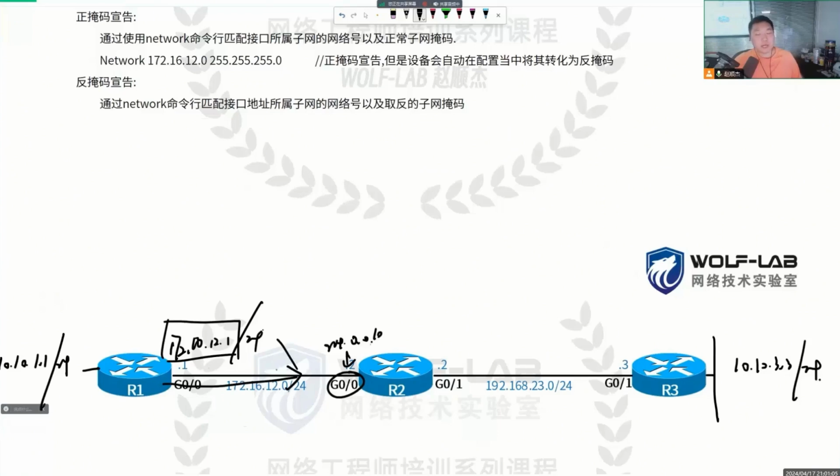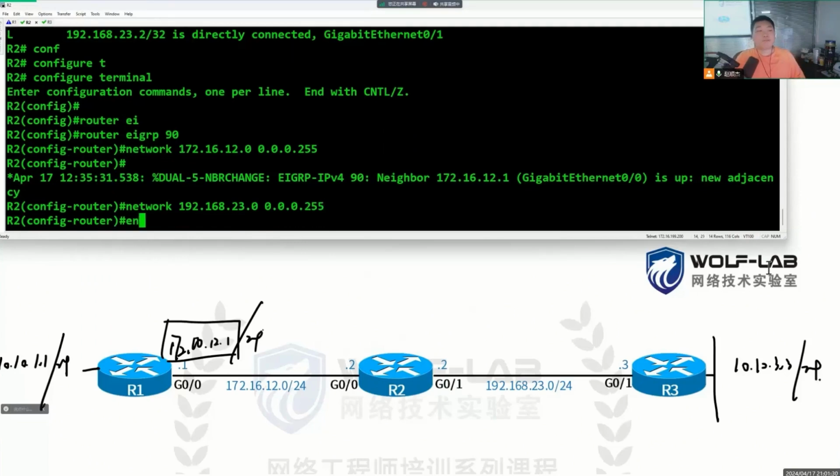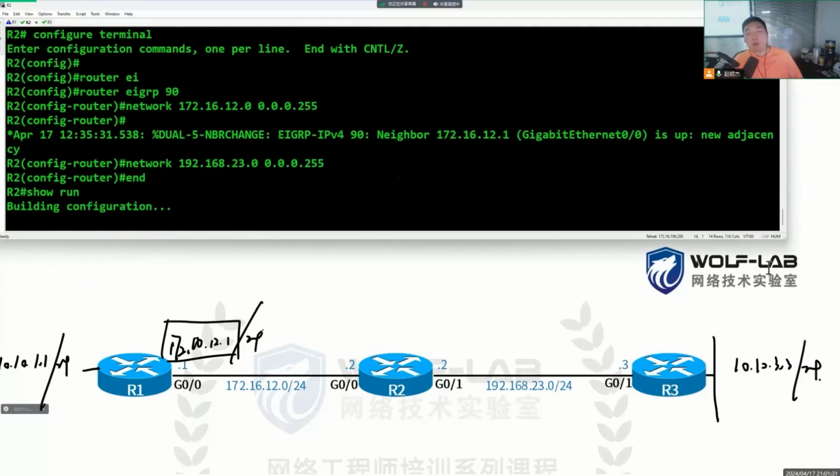If our inverse mask and the main class of our interface address are the same. What main class? For example, R2's interface address is a 192 prefix address. This is a Class C address. So for a Class C address, in 192.168.23.0 the first 24 bits are the network bits.